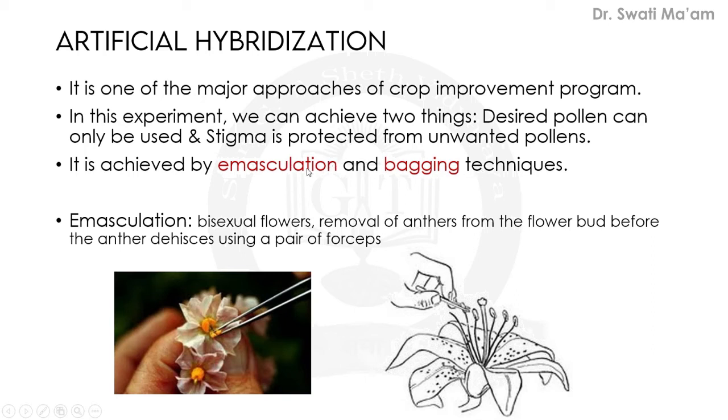First, we will understand emasculation. If the female parent bears bisexual flowers, then the anthers are removed from the floral bud, before the anther dehisces.